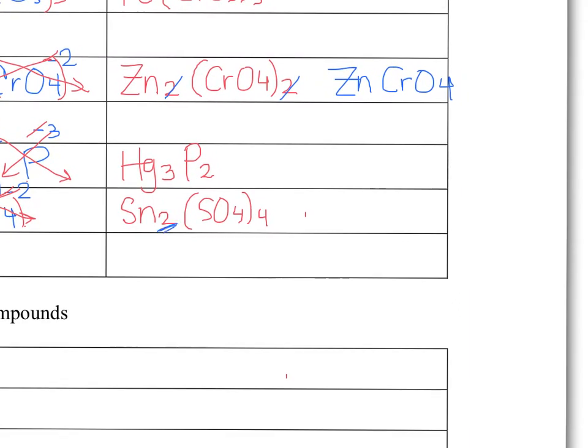Look, here's a 2 and a 4, and I can pull out a 2 from that, and that's going to be what? Sn, parentheses, SO4, 2. That is tin 4 sulfate.